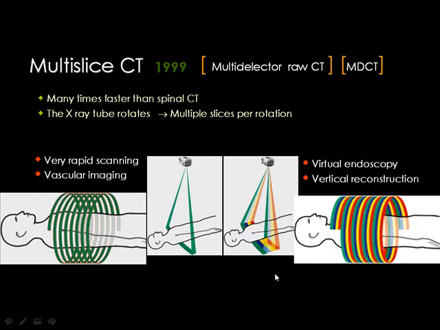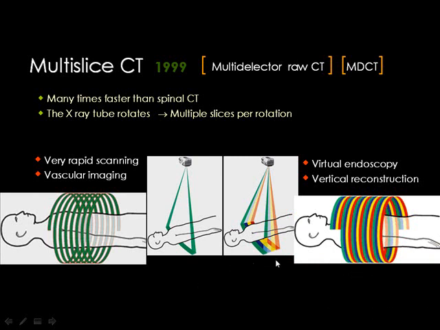And after the increase in the detectors in front of the X-ray tube, there was a marked progression in this field. The number of the detectors has been raised from 4 to 6 to 8 to 10 to 16 to 32, then 46. And by the 64 machine, you have 64 detectors in front of the X-ray tube. Then every rotation, you get 64 sections, and you can finish the chest in a second or 2 seconds at maximum.